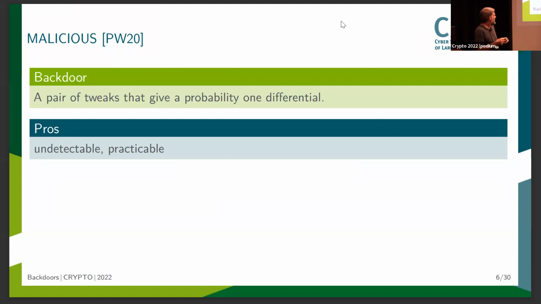There the idea is that it's a tweakable block cipher, and without giving any details, there is a pair of tweaks, two specific tweaks, and if you use them, then you will find a probability 1 differential. Then you can use this to recover the key. This is the idea. And it's good in the way that, because they hash the tweaks, it's undetectable. So you will not be able to find the backdoor, and it's practical, leading to practical attacks.